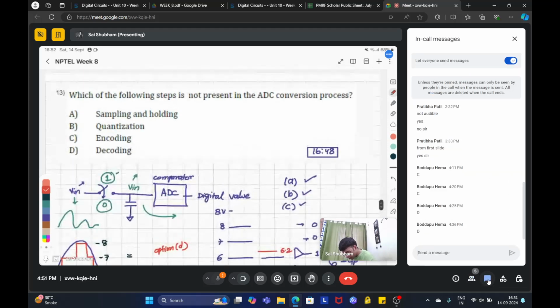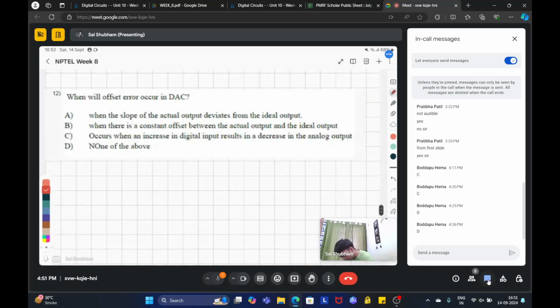Clear? So moving on to the next question: when will offset error occur in DAC, digital to analog conversion?